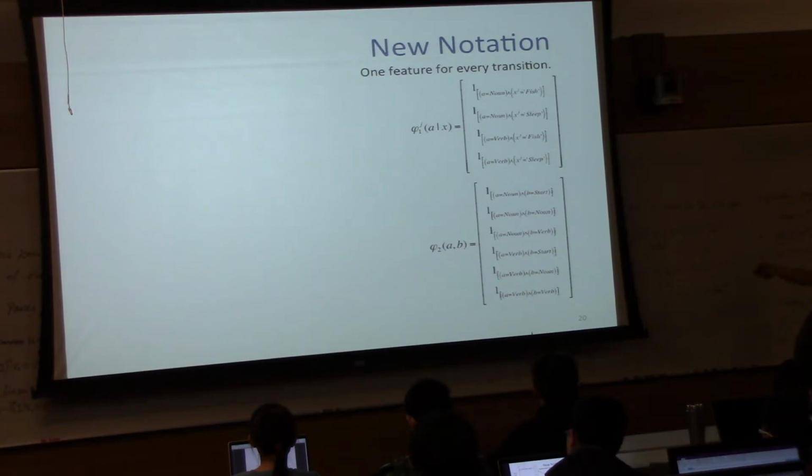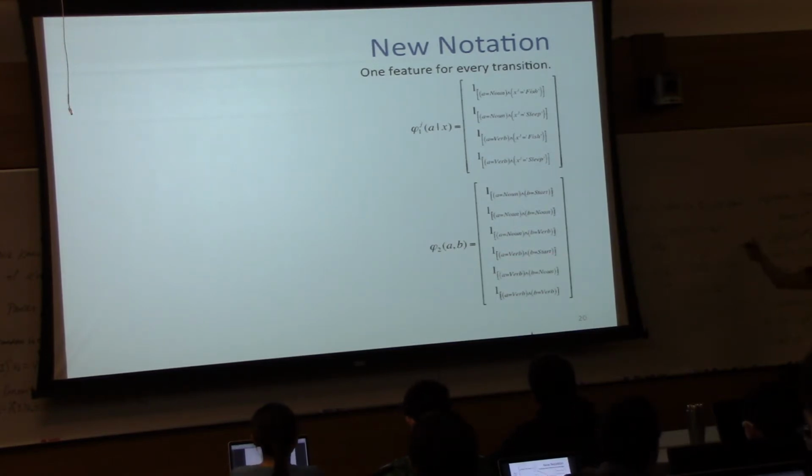The first feature in this feature vector is 1 if and only if B equals start and A equals noun. The second feature is 1 if and only if B equals noun and A equals noun. The third feature is 1 if and only if B equals verb and A equals noun. The fourth feature is 1 if and only if B equals start and A equals verb. And so it's an exhaustive Cartesian product of all the possibilities.